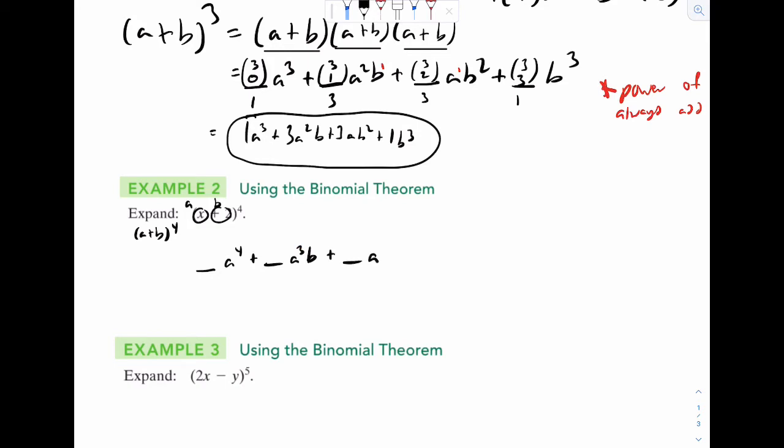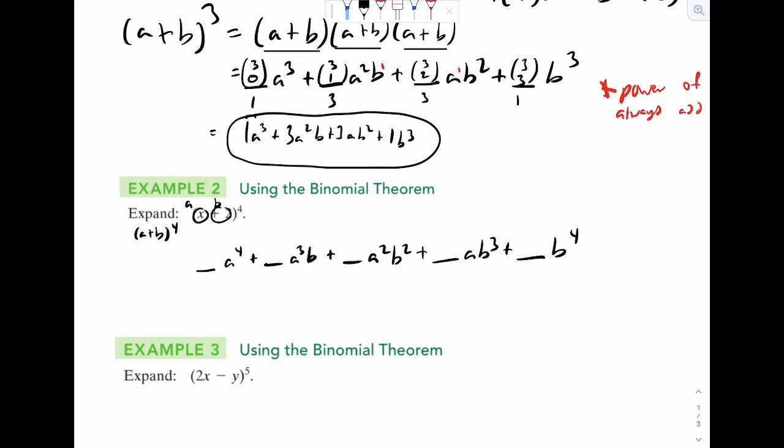So I know this is A squared. Look at the powers of B. This, no B's, 1 B. Now this is 2 B's. So you can see the powers of B are going up by 1. So again, the powers of A are going down by 1. The powers of B are going up by 1.